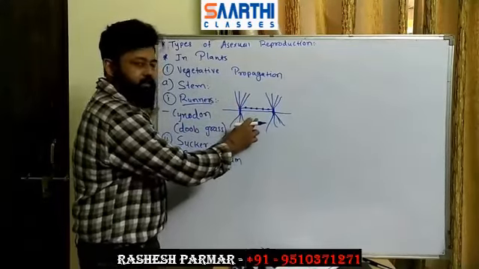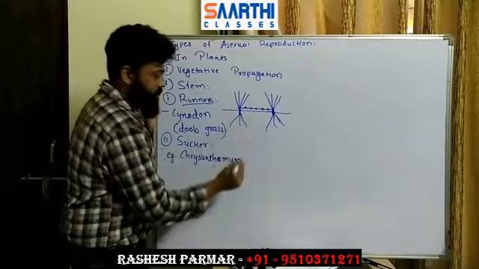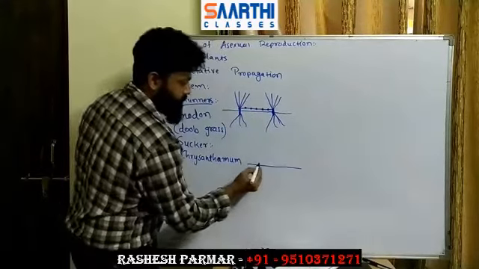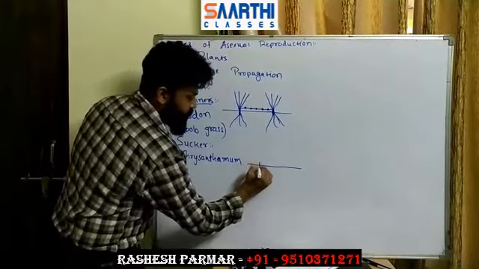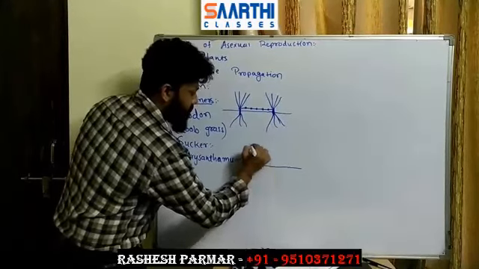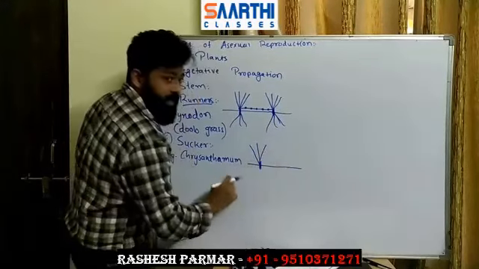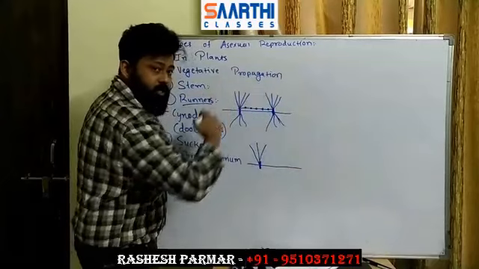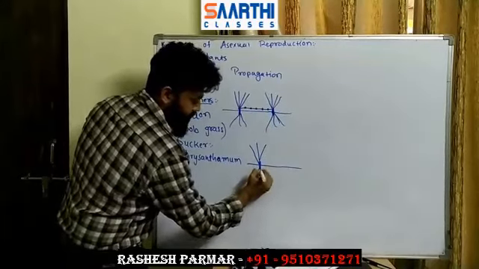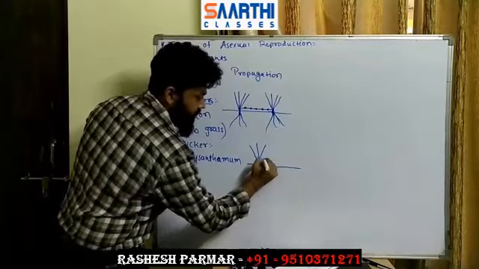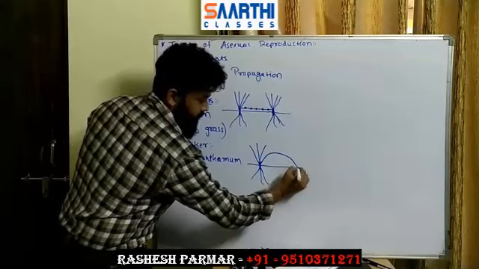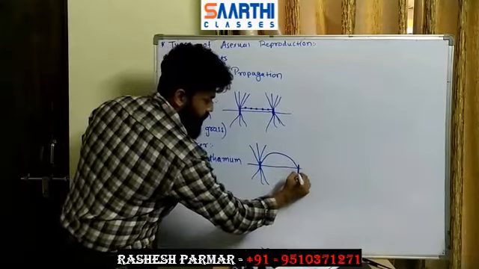It is just similar to runners, but the branch which develops from the stem will create an arc over the surface of the soil, and it will form a new organism.